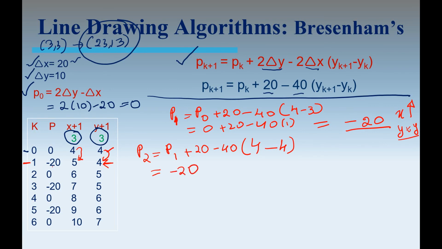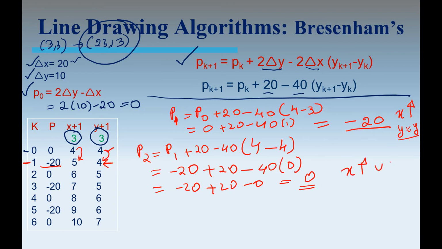We already know p1 is minus 20, plus 20 minus 40 into 0, which is equal to minus 20 plus 20 minus 0, which is equal to 0. So when it is 0, x will be incremented, y will be incremented. Okay, so x is incremented from 5 to 6, y is incremented from 4 to 5.